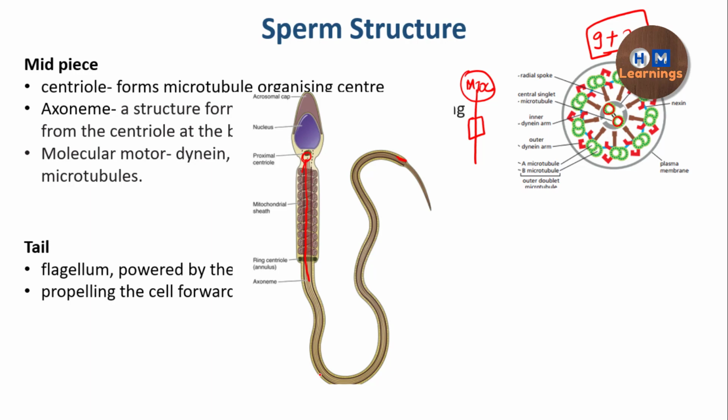So we have talked about the structure of the sperm: it has a head with the acrosome and nucleus, a midpiece with mitochondria, centriole, axoneme, and a tail which is an extension of the axoneme that started in the middle piece.